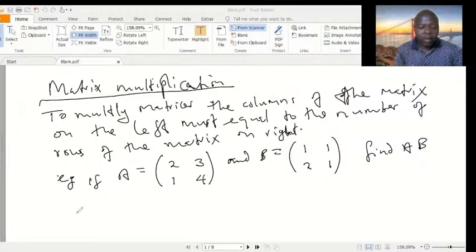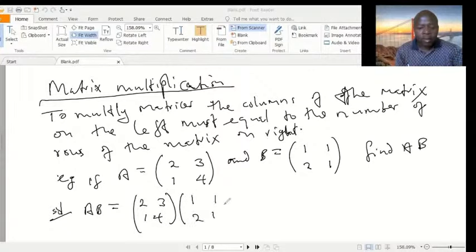And when we multiply, what will be the solution? [2, 3; 1, 4] multiplied by [1, 1; 2, 1]. How do we multiply?